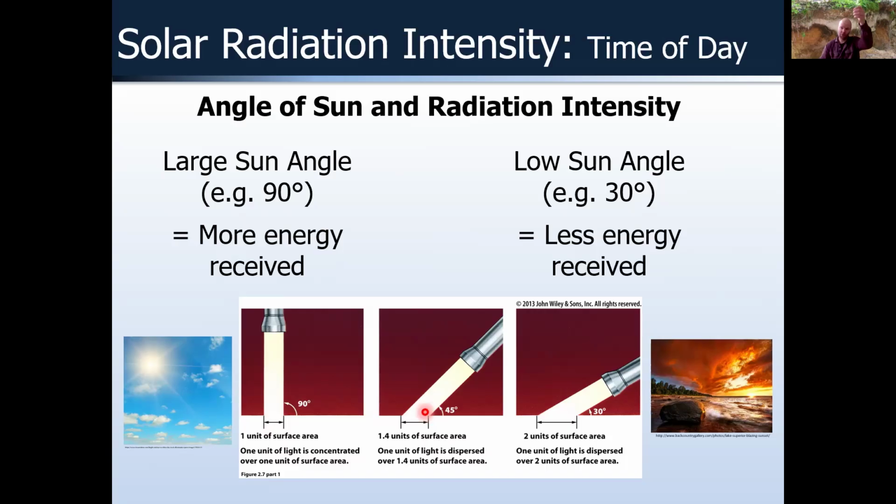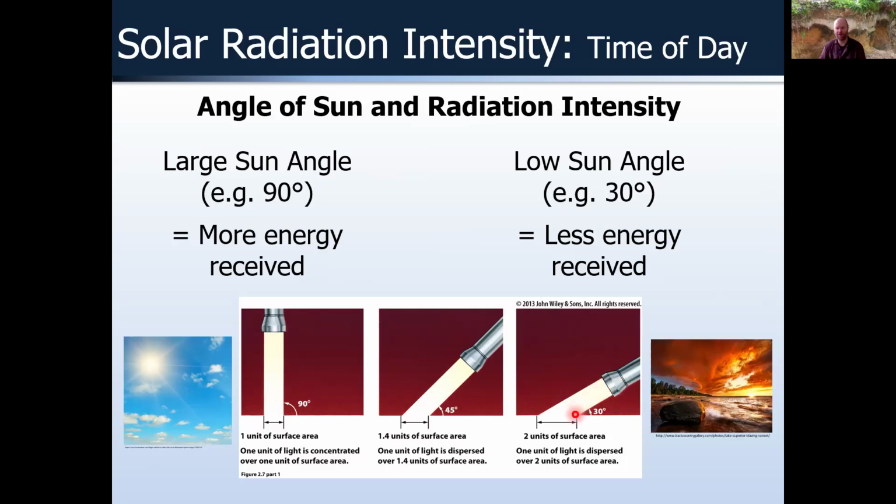So imagine holding a flashlight and that flashlight casting that energy, like the sun, directly down onto Earth's surface. That energy is concentrated in this relatively small space, 1 unit of surface area, if you will. Then if you change the sun angle from 90, 45 to 30 here, the same amount of energy, the solar constant, is being emitted by the sun.